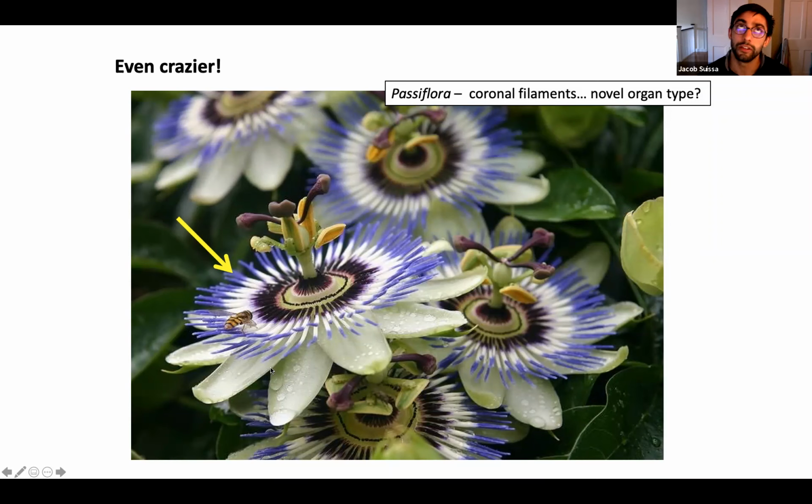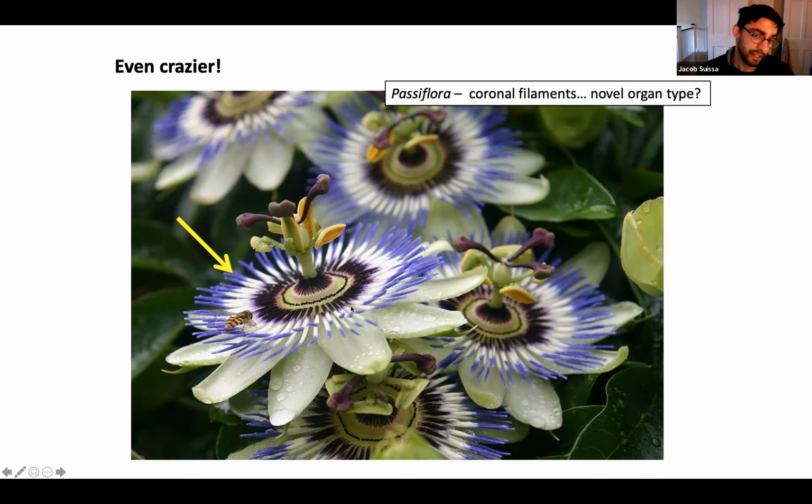Like I said, the outer whorl are called sepals, those are the leafy things. The inner whorl are called petals. But when the petals and the sepals look similar, with no distinct differentiation, we tend to cluster them all together and call them tepals. T-E-P-A-L, tepals.